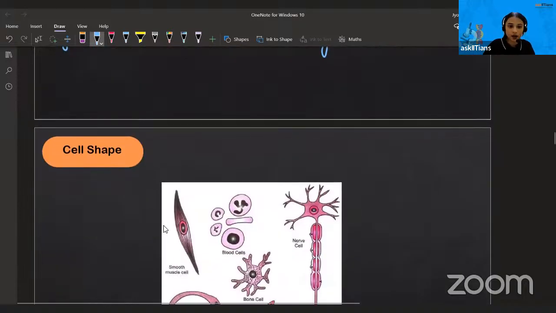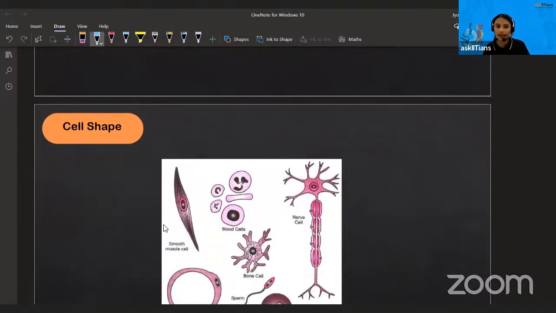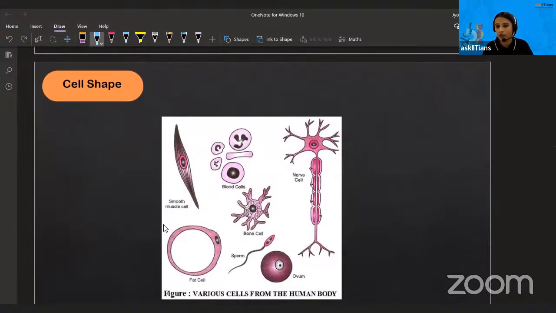Now, organisms also exhibit variety in their cell shape. If I talk about humans, in humans you will also observe different types of cells having different shapes. And the shape and size of any cell will depend upon their functions as well. So here, this is a nerve cell.